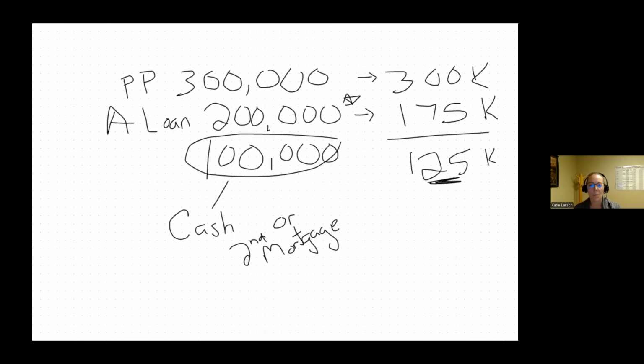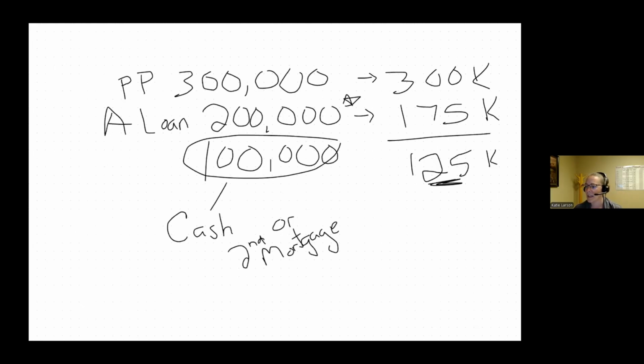Or that might kick them into a different mortgage category or put their debt-to-income ratio over with that extra $25,000. They might not be able to get that second mortgage, right? So in this case, your buyer would have the right to cancel the purchase agreement. That's what this piece in the addendum is talking about.